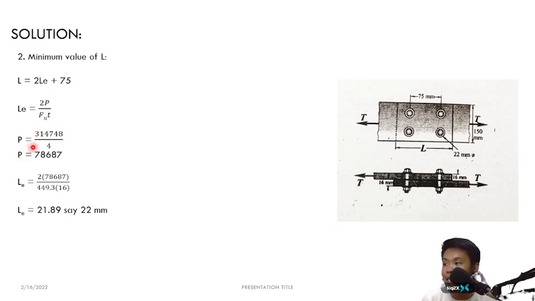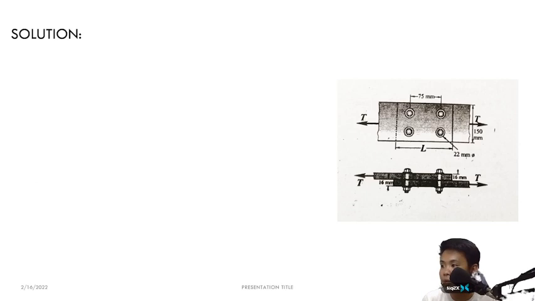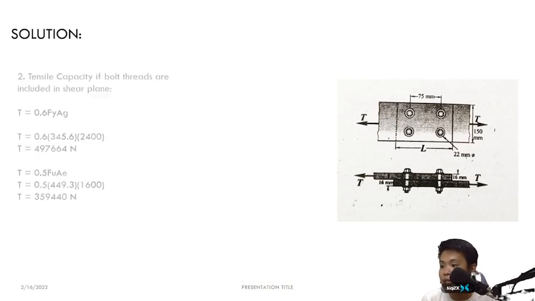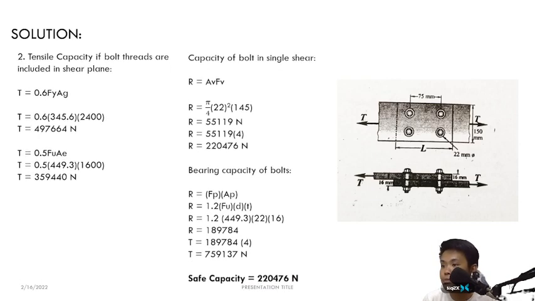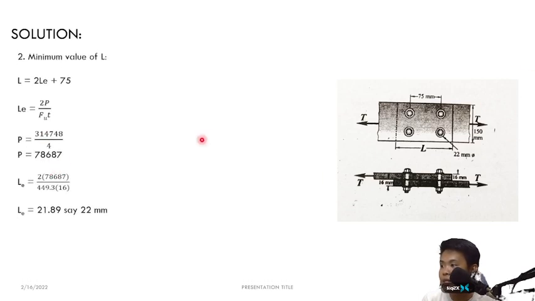Yung safe capacity kanina sa number 1 na ito yung safe capacity natin sa excluded from shear plane. So, di-divide lang natin siya sa 4 dahil 4 yung ating bolts. So, ayan, may makukuha tayo na value na P na 78,687.